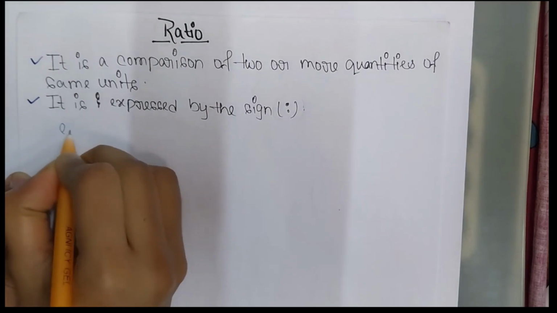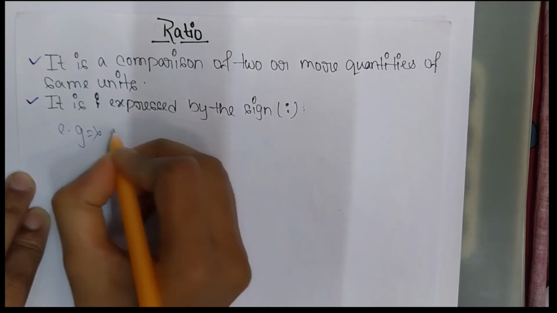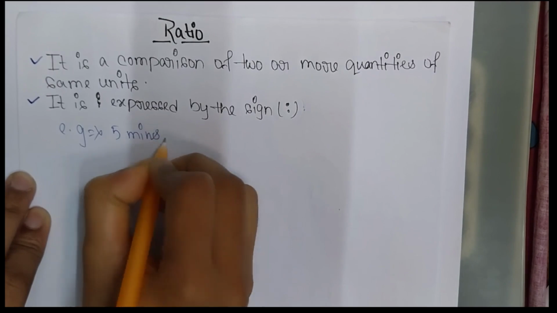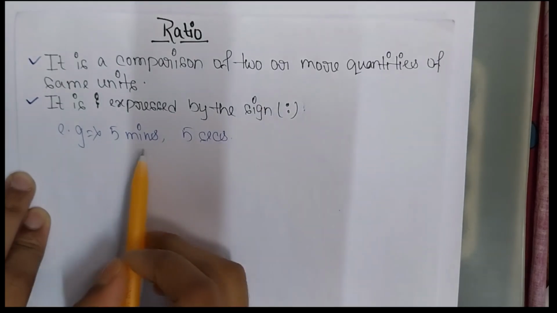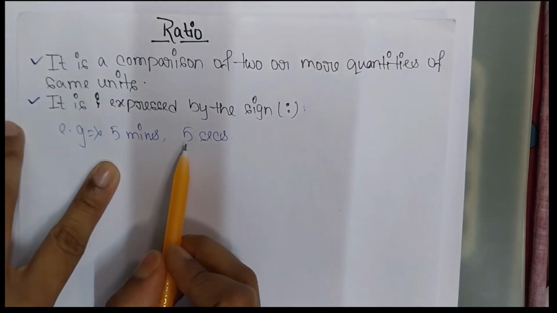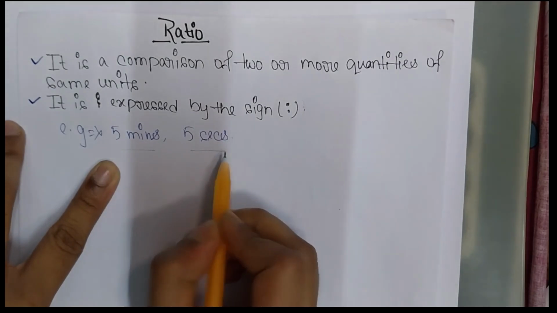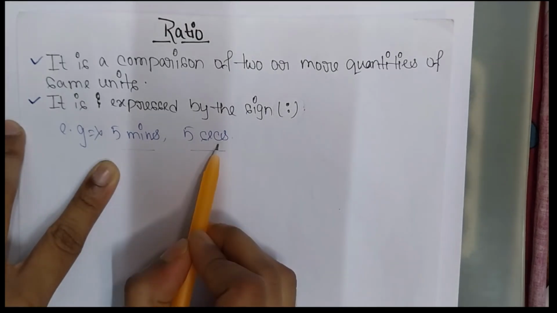So for example, if we have two quantities, that is 5 minutes and 5 seconds, and we try to find the ratio between them, it is never possible because the units of the two quantities are completely different.